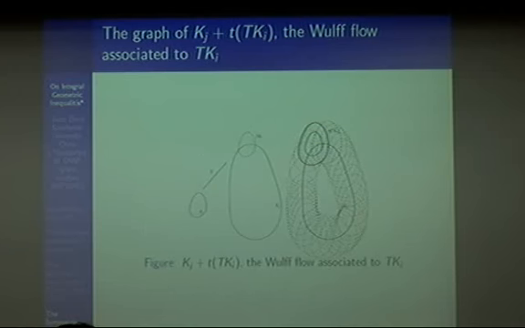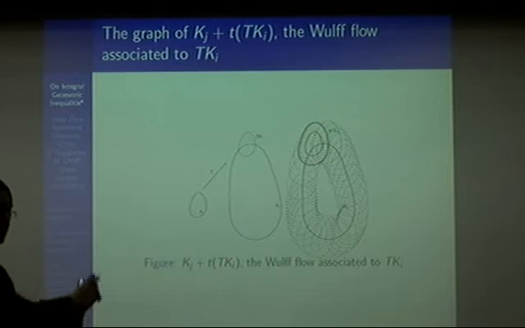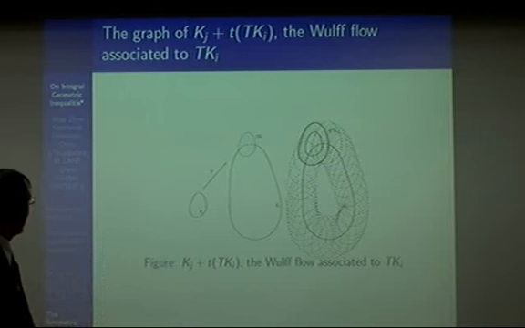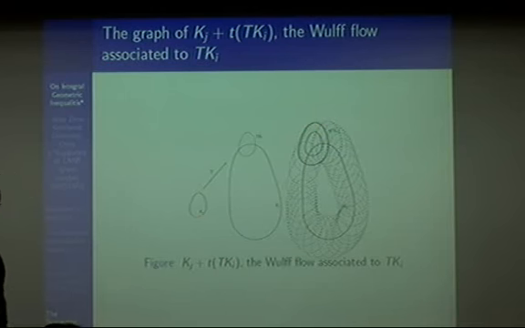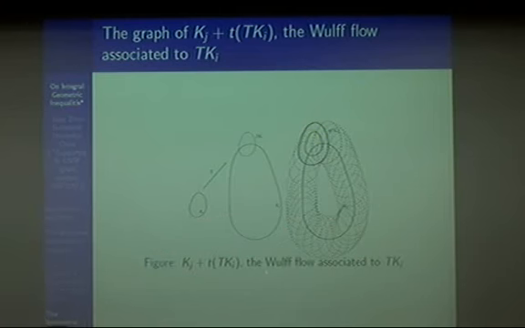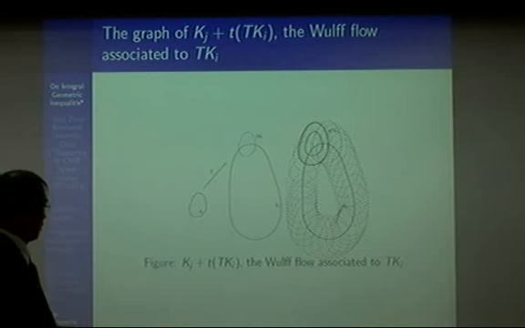Then we compute the area of this figure K plus T. This is just something like the flow. One special case is when Ki is a unit disk. Then this is exactly the Wolff-Steiner formula. This is the Wolf flow associated with TK.